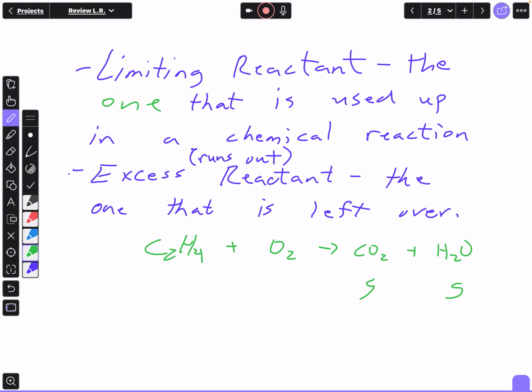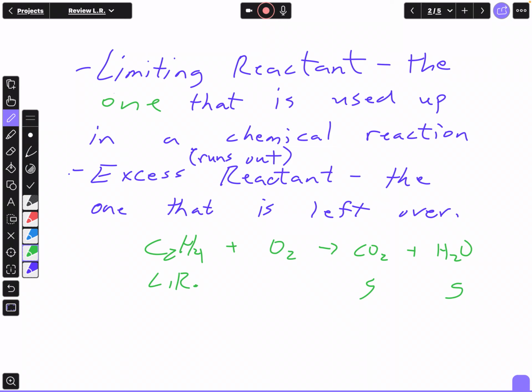It's the one that is left over in a chemical reaction, and it'll be mixed in with your product, and if you're in the lab, you'd have to separate it from your product. Because if we have this reaction right here, C2H4 reacting with oxygen gas, producing CO2 and H2O, I'm not going to put any numbers in here, but let's just say that C2H4 was my limiting reactant, whatever amount I had.